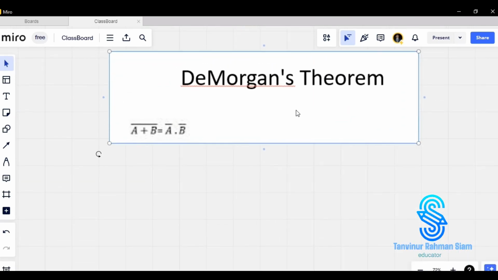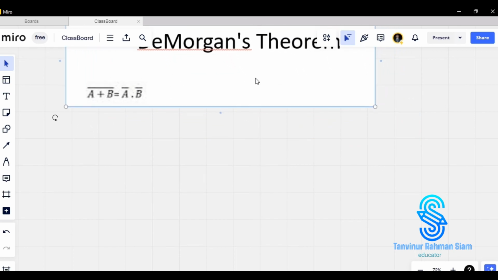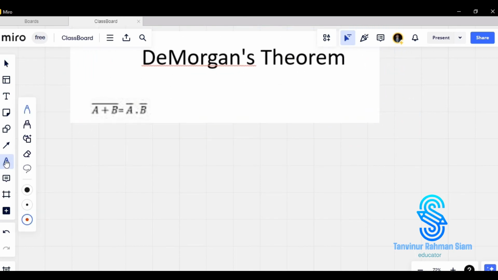So see how we can solve DeMorgan's theorem. While doing this, first of all, we have two variables or 2 inputs, so we are writing A B. So we have 0 0, 0 1, 1 0 and 1 1.